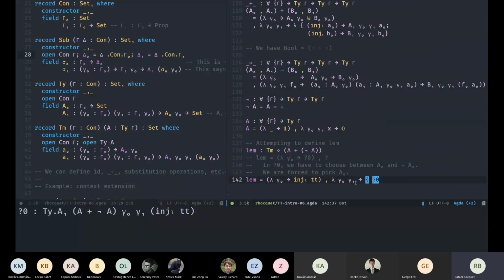Okay, so this means that because we have chosen the left side on the first component, we are forced to stay in the left side for the second component, where we cannot give an inhabitant.